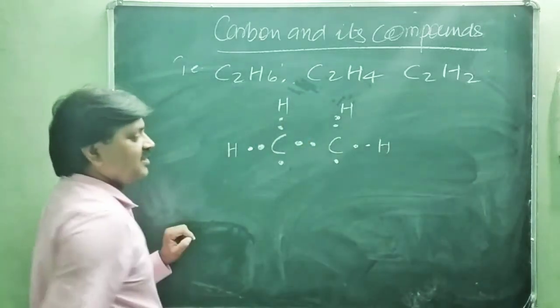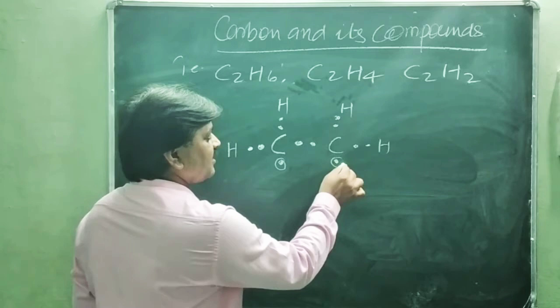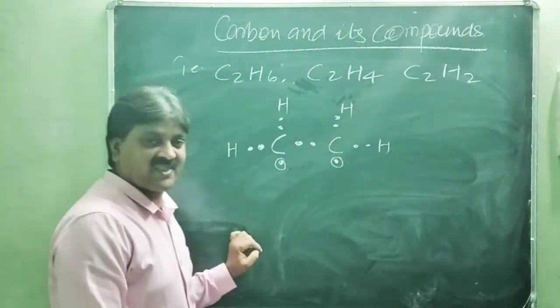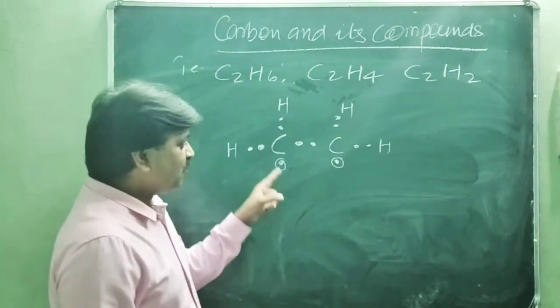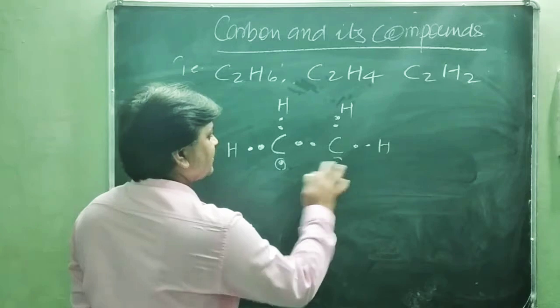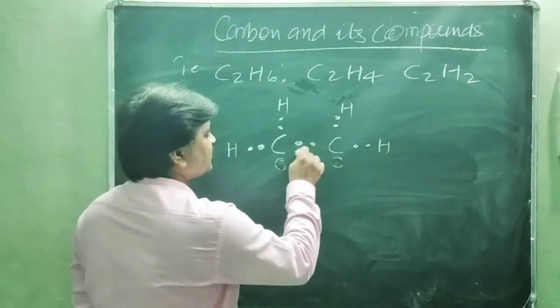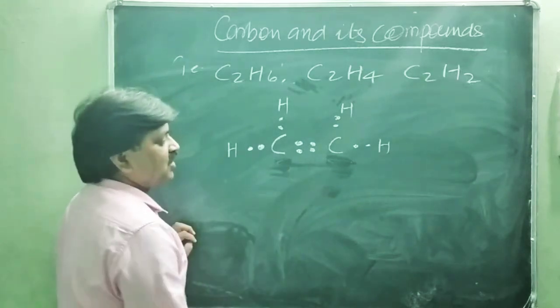Now on these 2 carbons, a single electron is left behind. No other hydrogen is available for bonding, so both 1 electrons are shared with each other. So you can write this electron here. These carbons share 2 electrons with each other. Now you count.